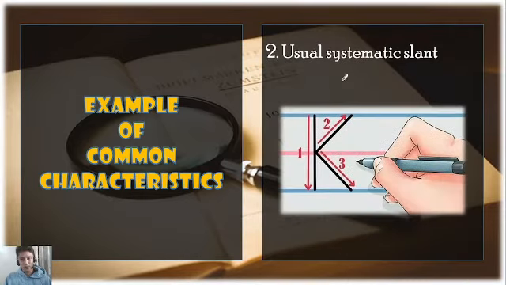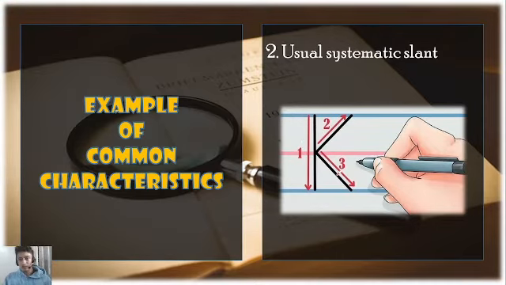And then we have usual systematic slant. So katulad nung letter R kanina, nabanggit ko kanina na kapag mali yung slant na ginawa mo, mababa ang score na binibigay ng teacher mo. Because you are not following the standard style. So with that, a common characteristic of writing letter K is it should be in the vertical slant.